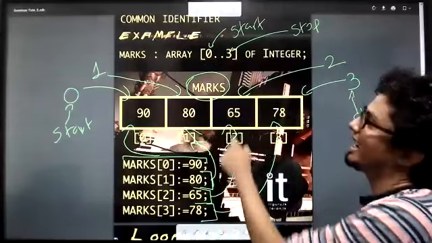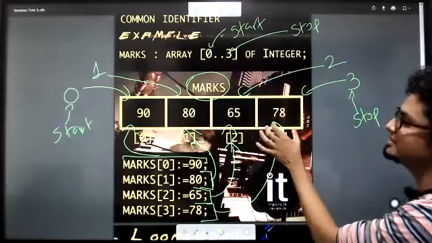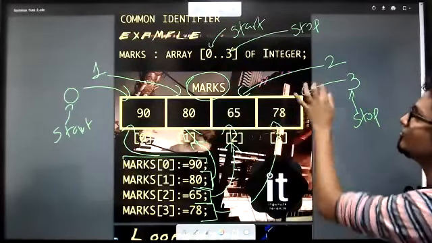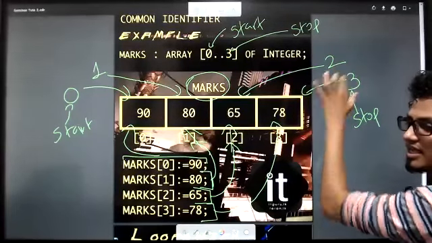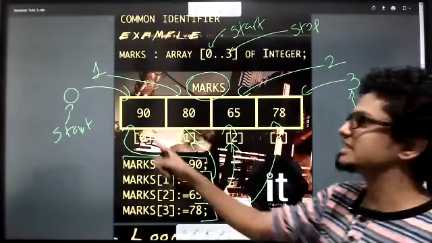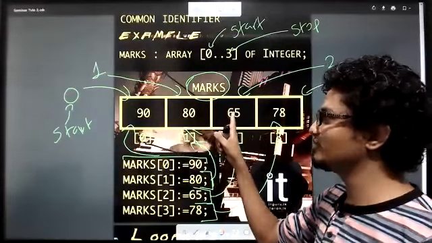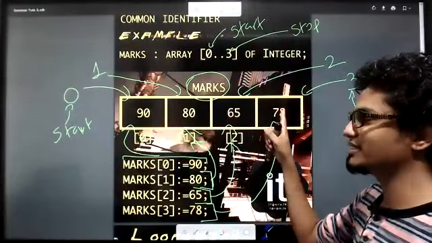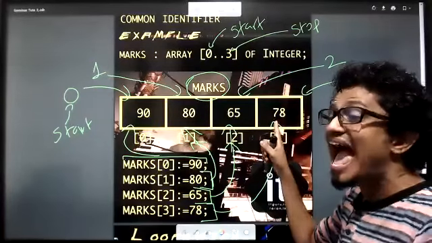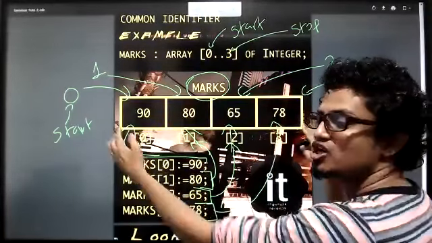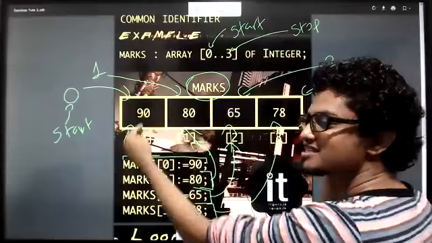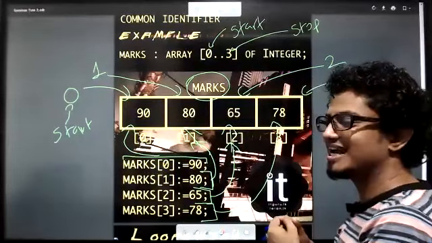And ending at 3, this is the last element of the array. So this is element number 0, this is element number 1, this is element number 2, and this is element number 3. Array is a collection of data.